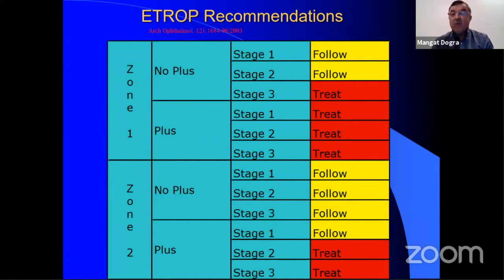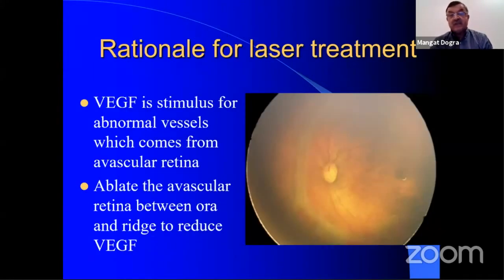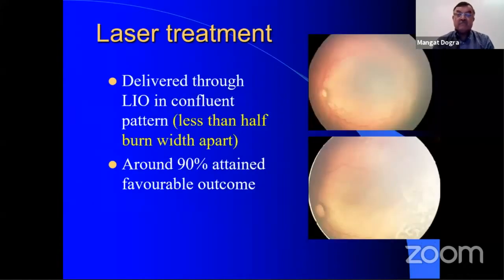That is very, very important because the indications for treatment have increased. This is after the ETROP, and also you treat aggressive posterior ROP. And the rationale for laser treatment is that VEGF is a stimulus for abnormal vessels, which come from avascular retina. So ablate the avascular retina between ora and ridge to reduce VEGF.